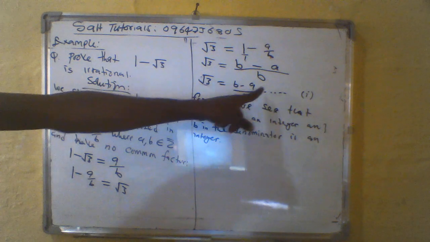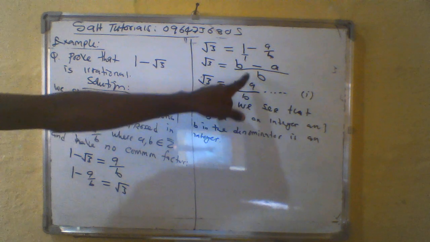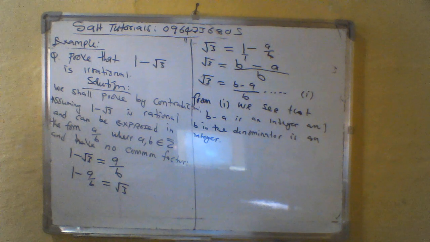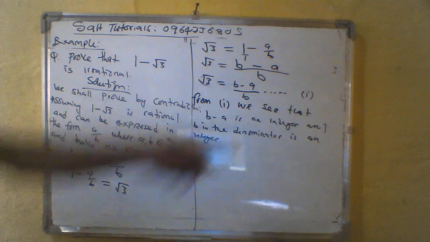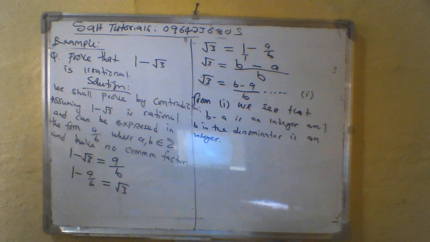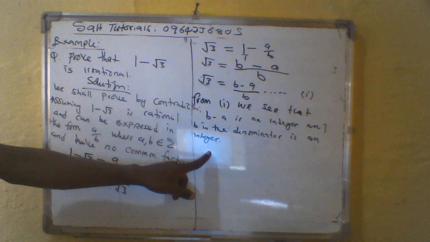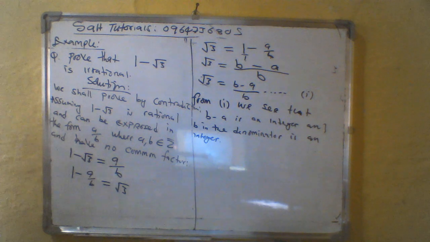So b minus a over b is telling us that root 3 should be rational, and that should not be the case. Since b minus a is an integer and b in the denominator is also an integer, what are we simply saying?